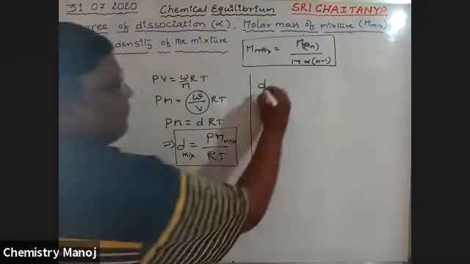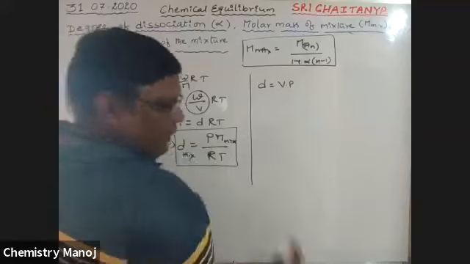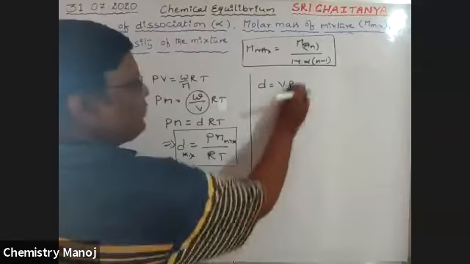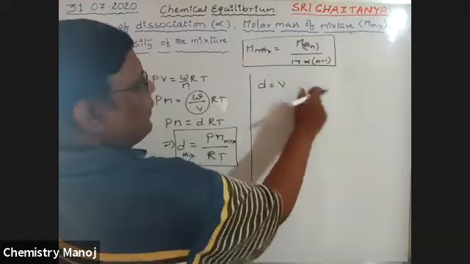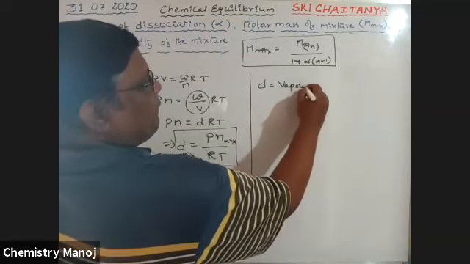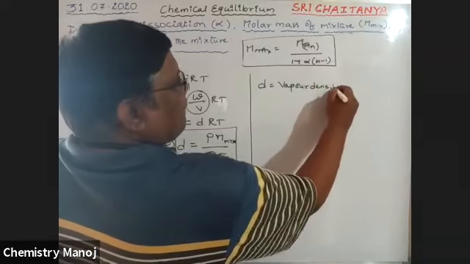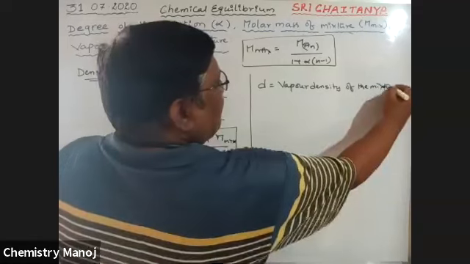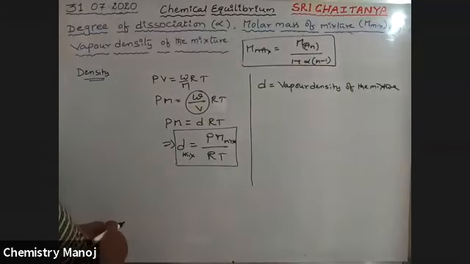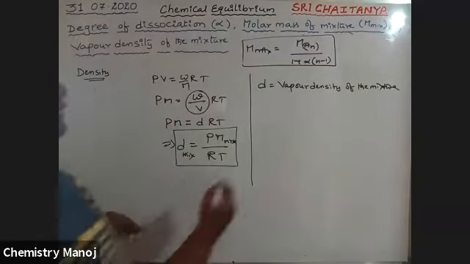Small d is the vapor density of the mixture.